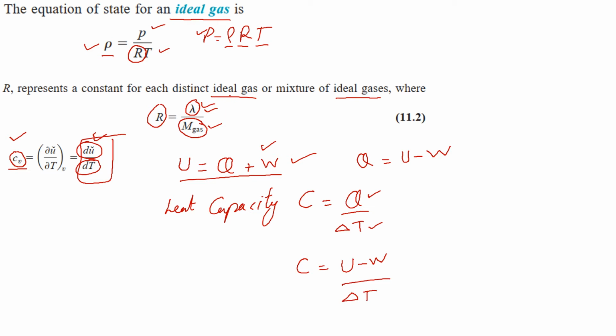Now we can have two scenarios. Let's take a piston and cylinder arrangement. This is a cylinder, and inside there is a piston. And also let's try another diagram. So now let's take two scenarios, and let's say that here is a certain amount of gas inside this cylinder and also inside this cylinder.